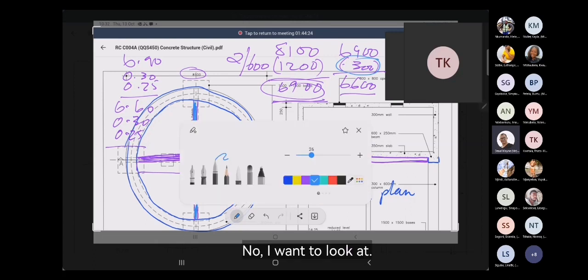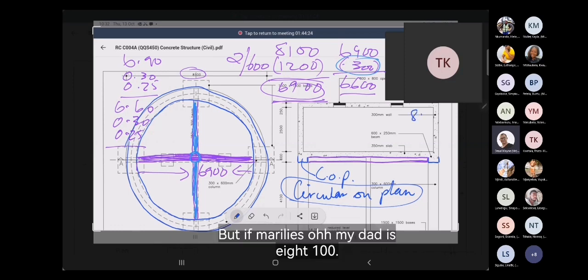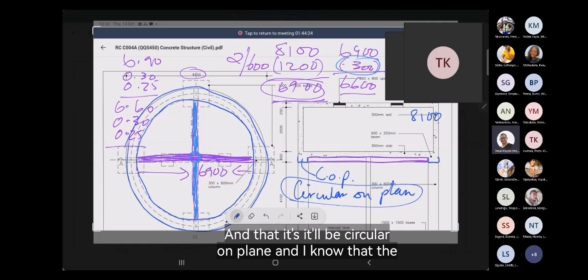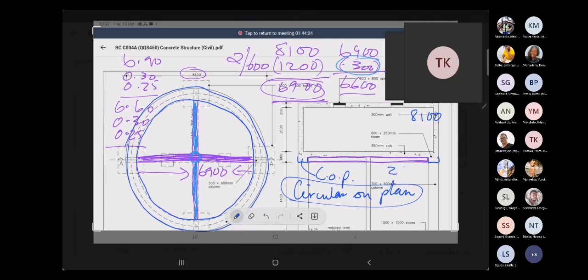Now, I want to look at this section that is circular on plan. I know that my diameter is 8/100, and that external being circular on plan, I know that the formula for the circumference of a circle is 2 pi radius.